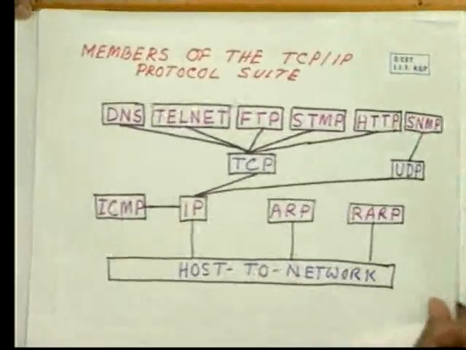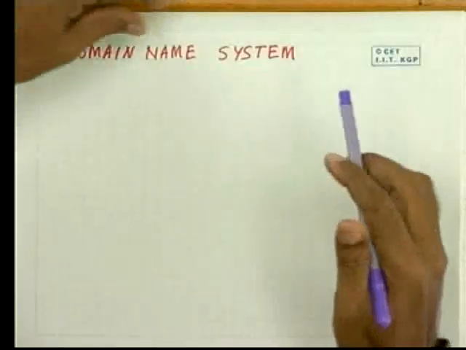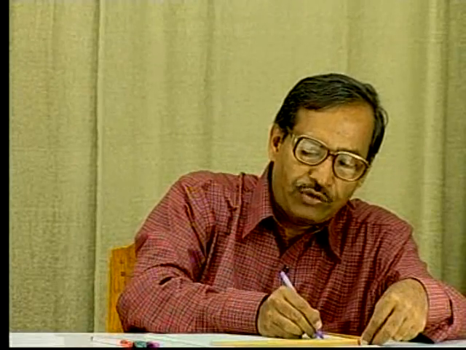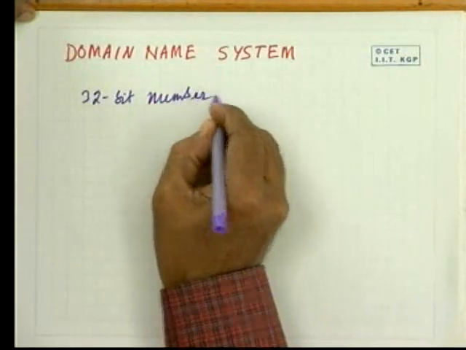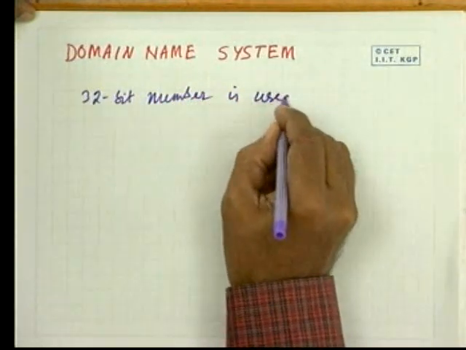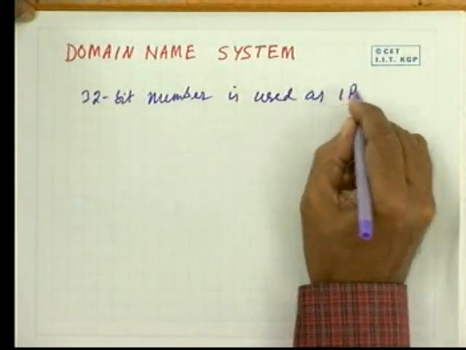First, let us consider the DNS, the domain name system. As you know, in TCP/IP, the address that is being used is a 32-bit address. A 32-bit number is used as the IP address.